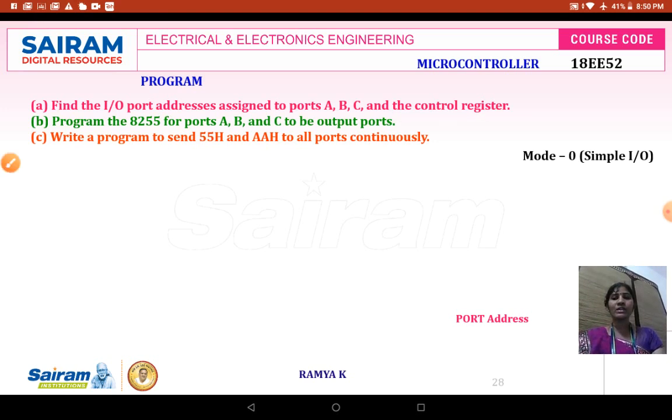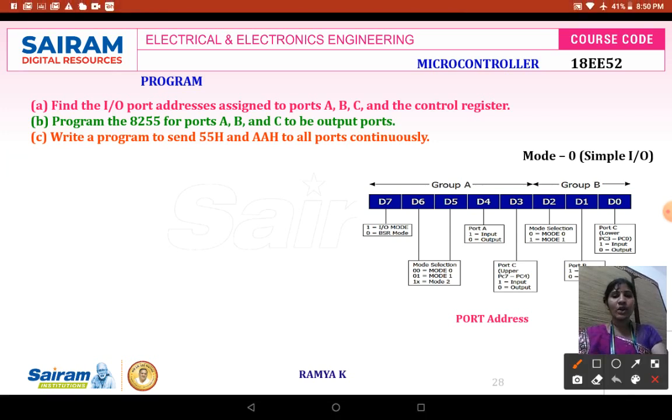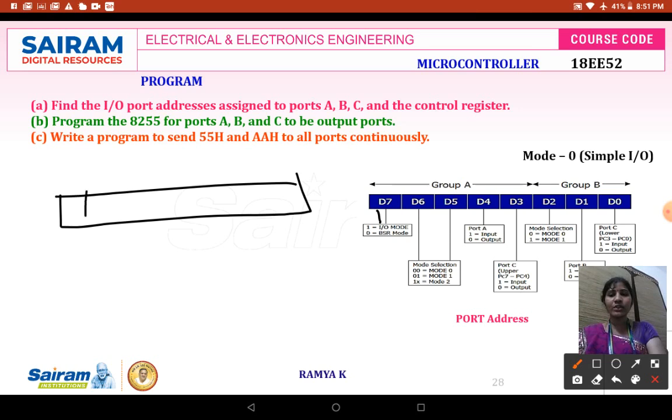So when you consider the control word format, this is your IO mode of operation, right? So I have to put 1 over here because I am going to use IO mode. In this, consider D7, D6, D5, D4, D3, D2, D1, D0.